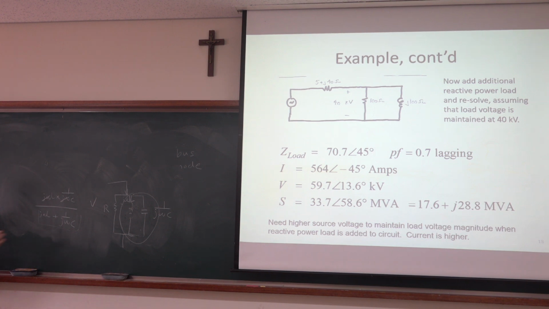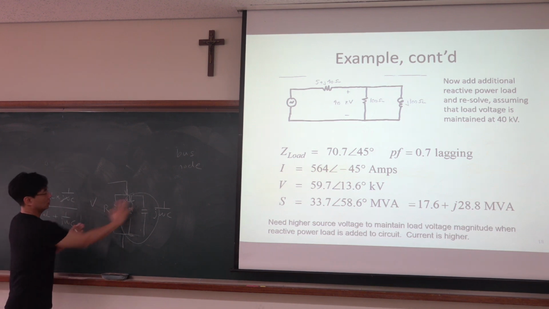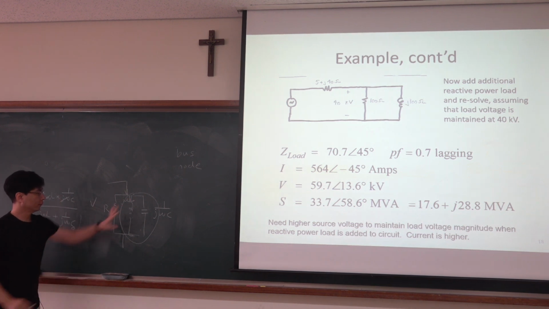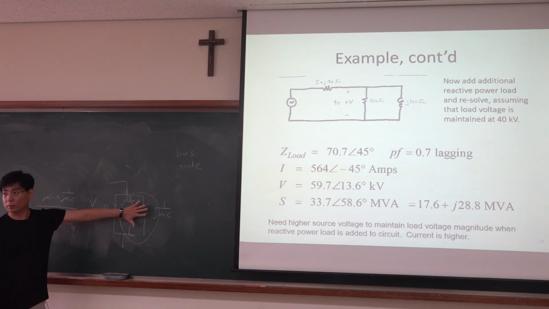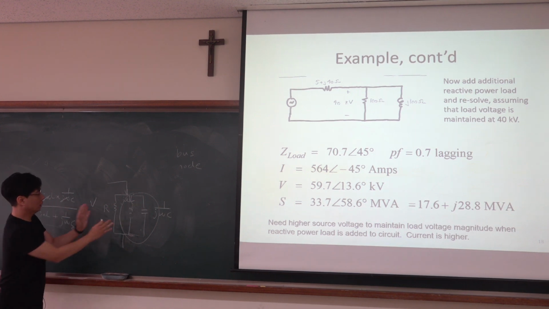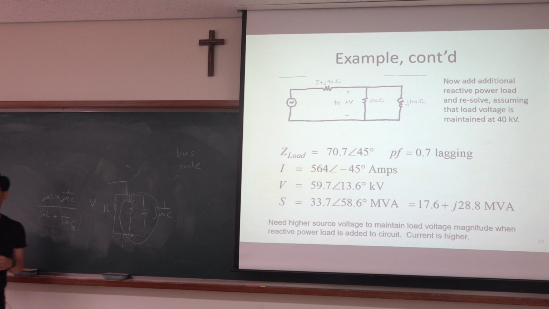And what happens if you choose carefully this value of C? When we do power factor correction, what do you want to do? We want to make this part not exist at all, right? So we want to make it a purely resistive load.